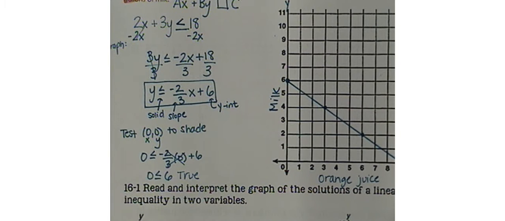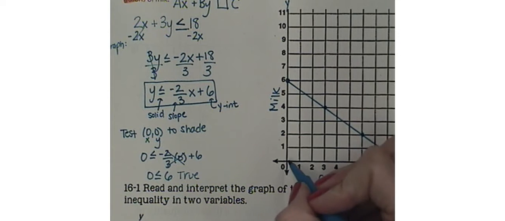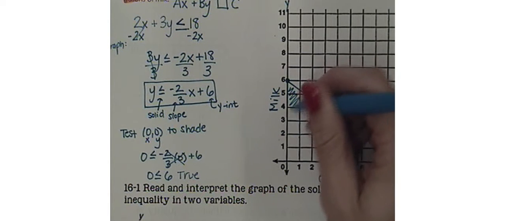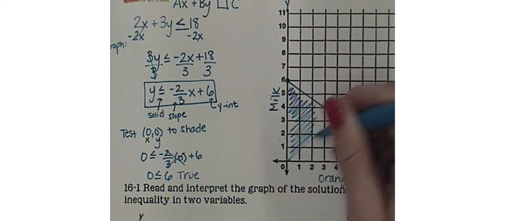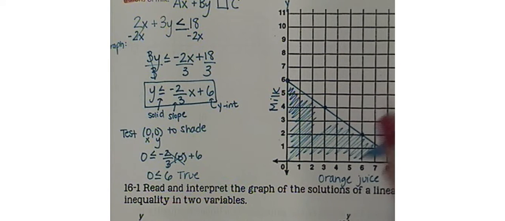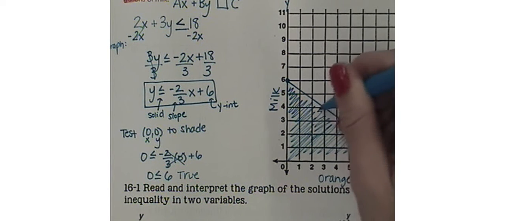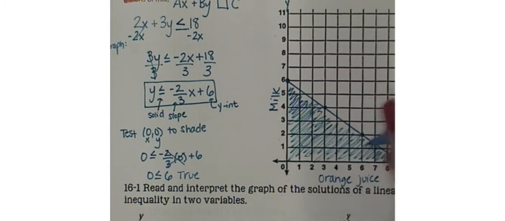So that means 0, 0 is a solution or an answer. So I'm going to shade towards my 0, 0. It's included. And make sure I can still see that your line is solid, especially when I go to grade your papers.